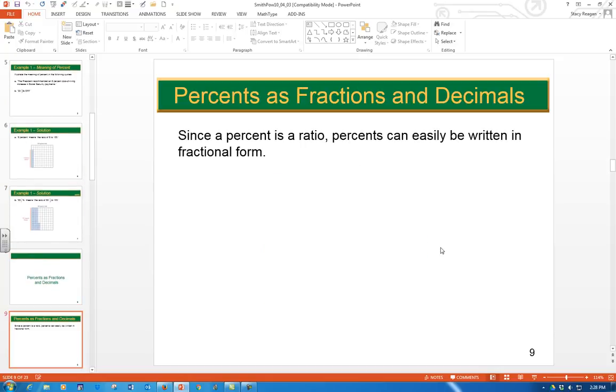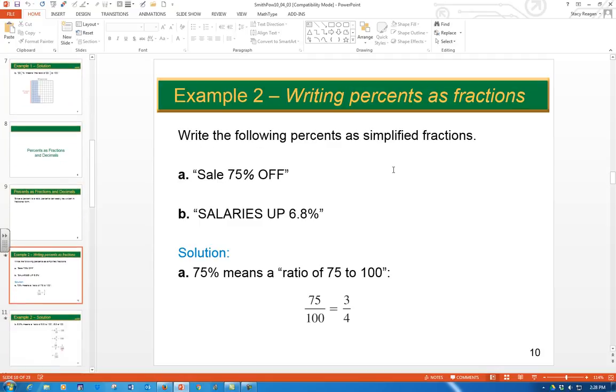Now, if we were going to change these percents to fractions and decimals, it's pretty easy to change a percentage to a decimal. We're just going to divide by 100. So let's look at some of these problems that we have. It says, write the following percents as simplified fractions.